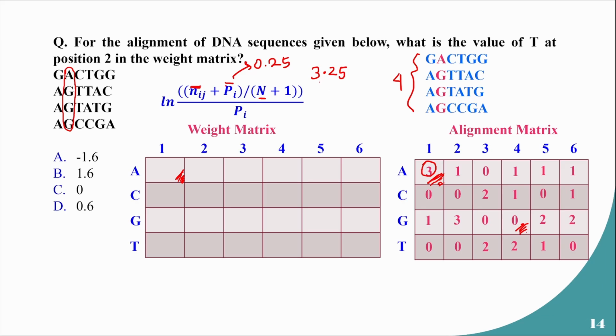So 3.25, again divide that by N plus 1. Since it was 4, 4 plus 1 would be 5, so that will be 3.25 by 5. And then you divide that entire thing by Pi, so again 0.25, right?